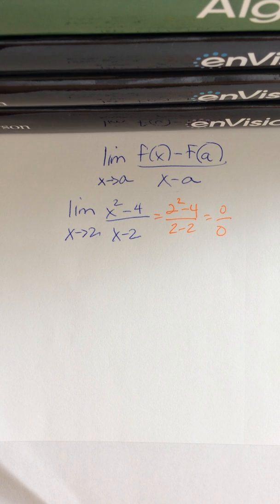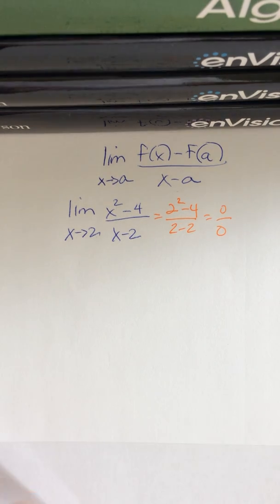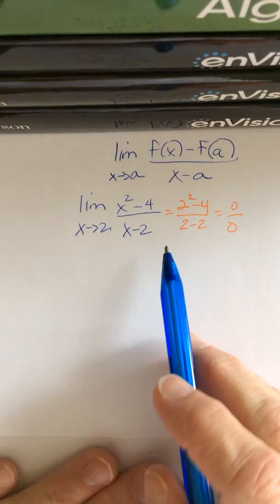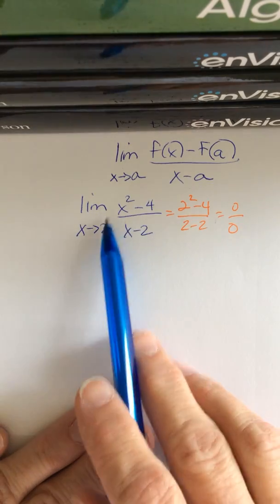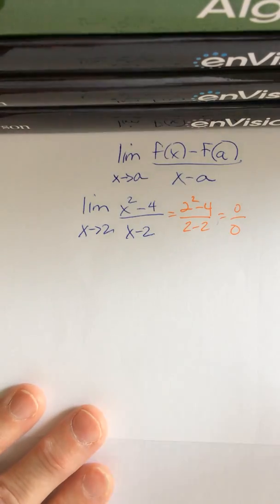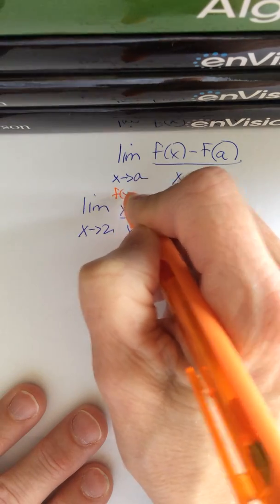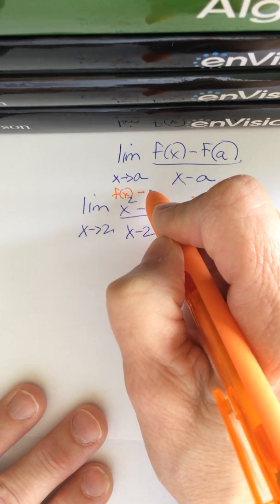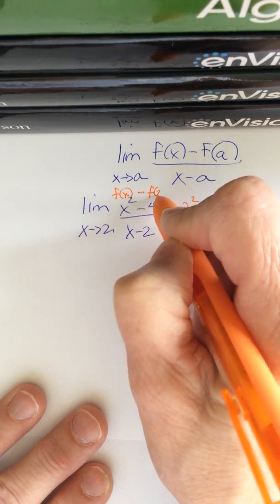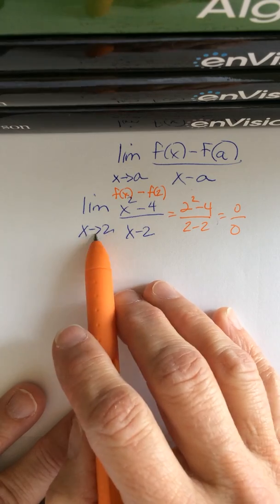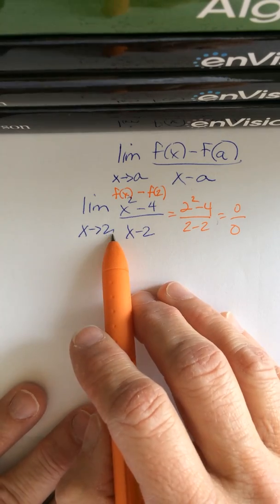I can either do more work on the expression, or if I look closely, what I have here is really f of x minus f of 2. Notice that x is approaching 2, so that's my a value.